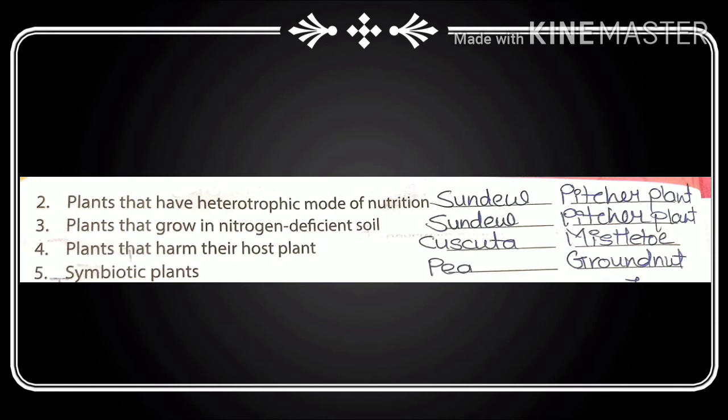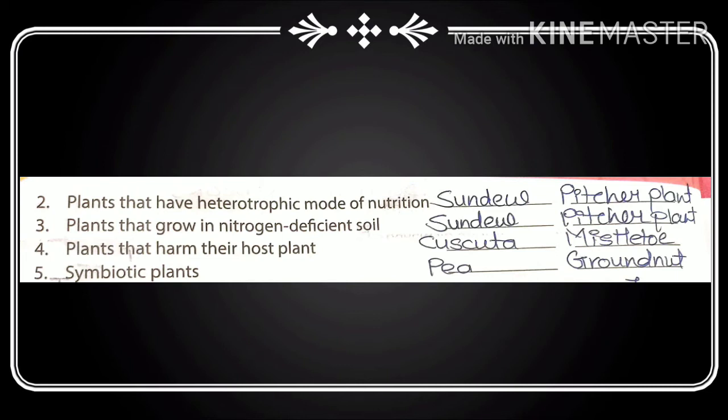Then third is plants that grow in nitrogen deficient soil. So here the answer will come from the insectivorous plants because they are deficient in nitrogen, that is why they are trapping insects. So write down any two examples out of the four types, and again I have written sundew and pitcher plant.